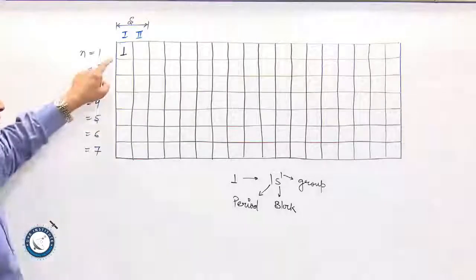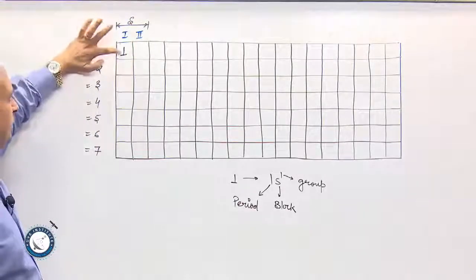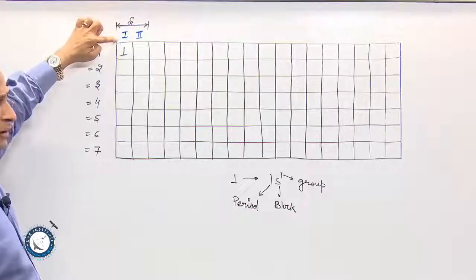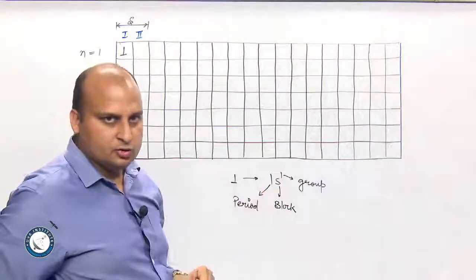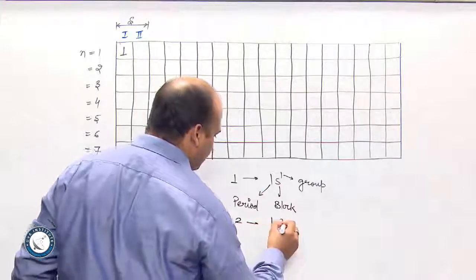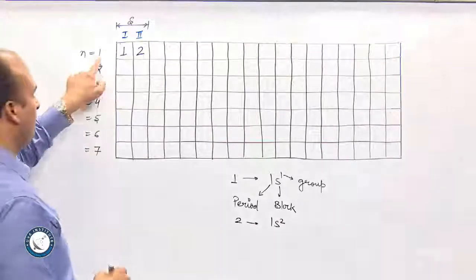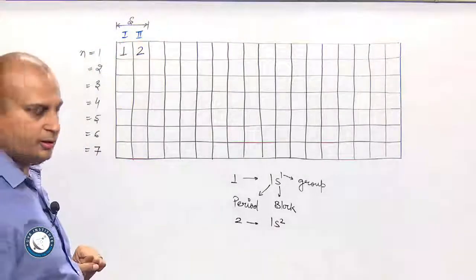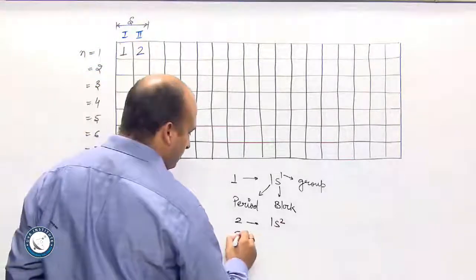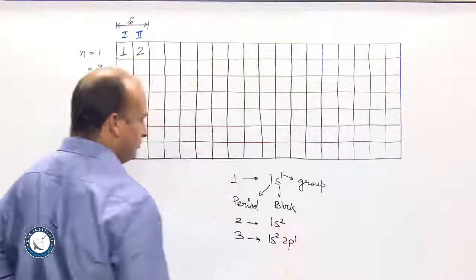It is 1s1. When I write atomic number 2, it will be 1s2. Now when I write 3, it is 1s2 2s1.